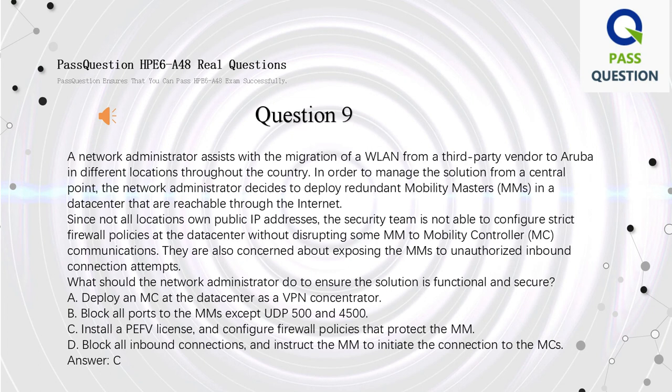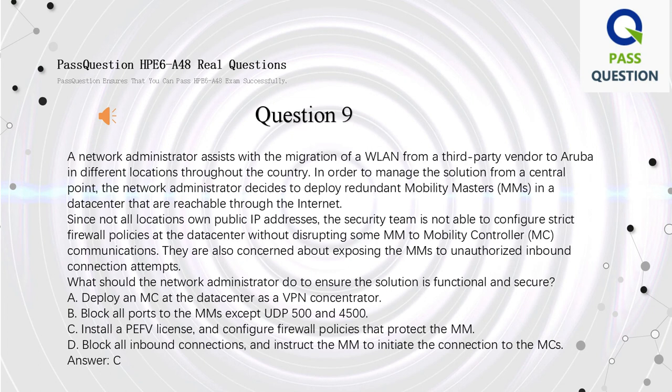Since not all locations own public IP addresses, the security team is not able to configure strict firewall policies at the data center without disrupting some MM to Mobility Controller (MC) communications. They are also concerned about exposing the MMs to unauthorized inbound connection attempts.